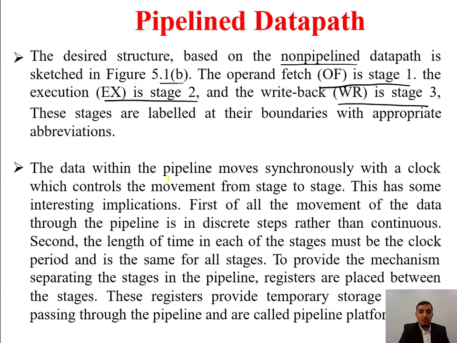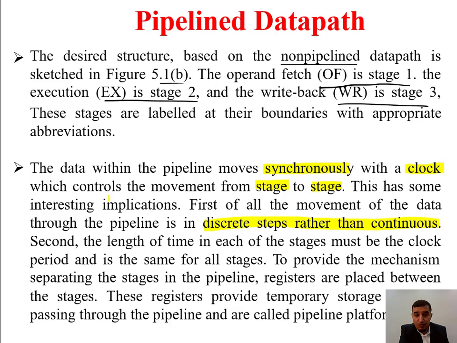So the data within the pipeline moves synchronously with a clock, which controls the movement from stage to stage. This has some interesting implications. First of all, the movement of the data through the pipeline is in discrete steps rather than continuous, because we have a clock.